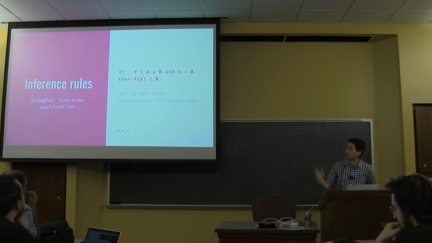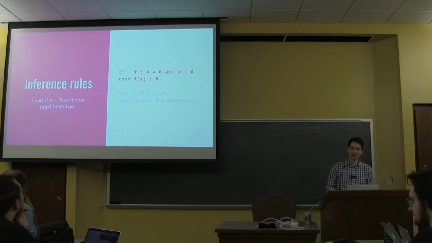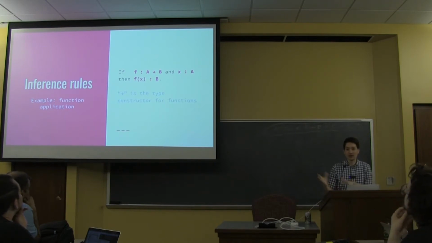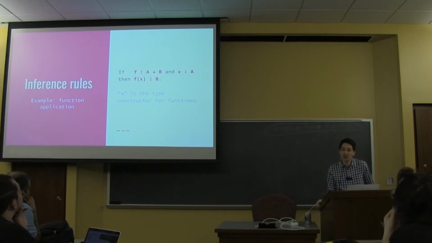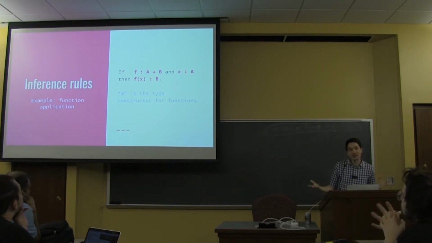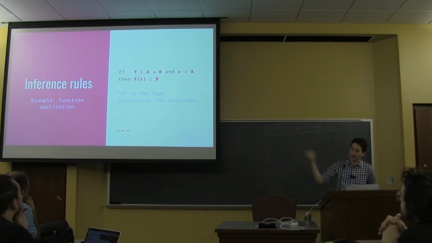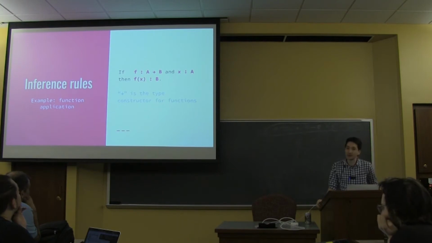So the application f of x should give us something of type B. This is the inference rule for function application. I know that probably a minority of us have actually implemented a type checker, so this might be a little bit strange, but a type checker basically just follows a bunch of rules like this. And here the arrow is the type constructor for function types.